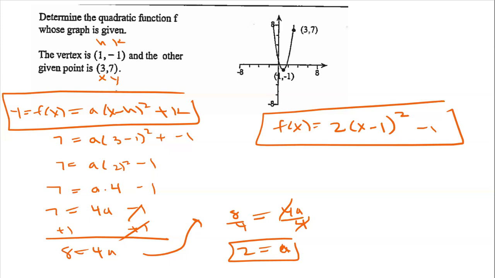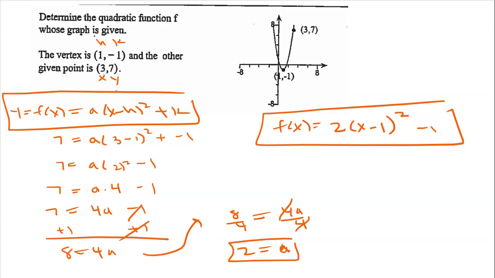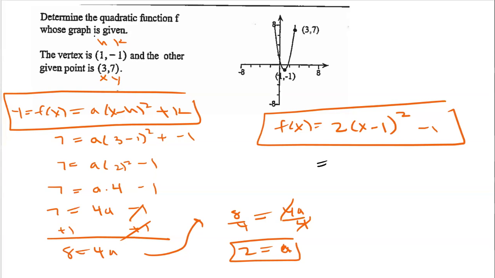It did say we want to answer in standard form, so we just multiply this out. So again, if it's in vertex form, we leave it the way it is. If it's standard form, then we don't want the parentheses. So that's just going to be 2 times the x minus 1 squared, which is x squared minus 2x plus 1, and then minus 1.